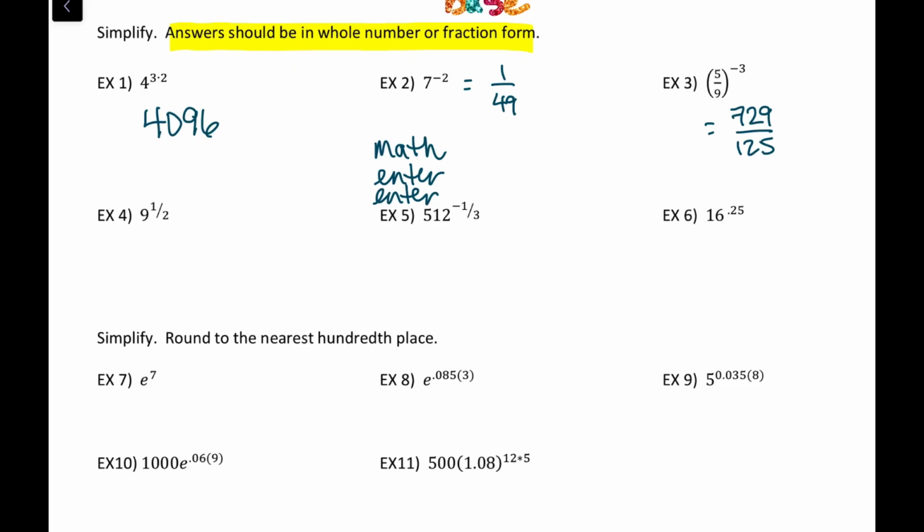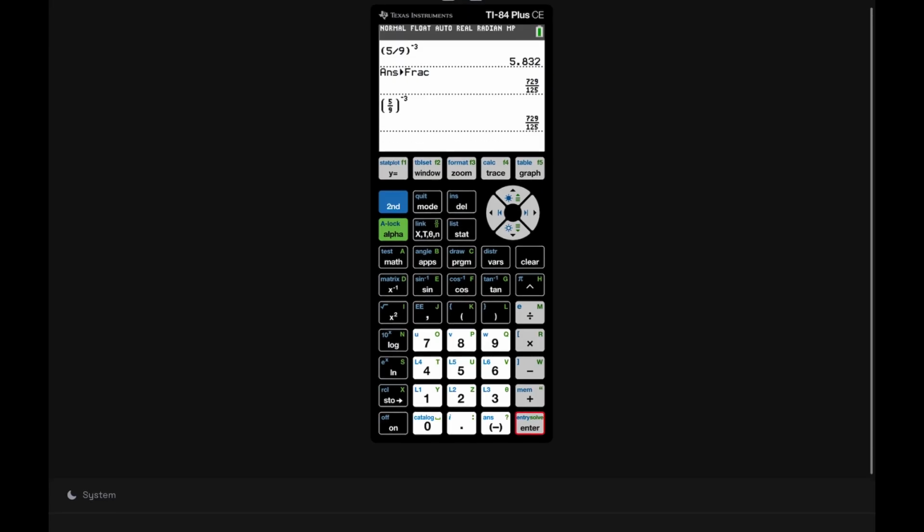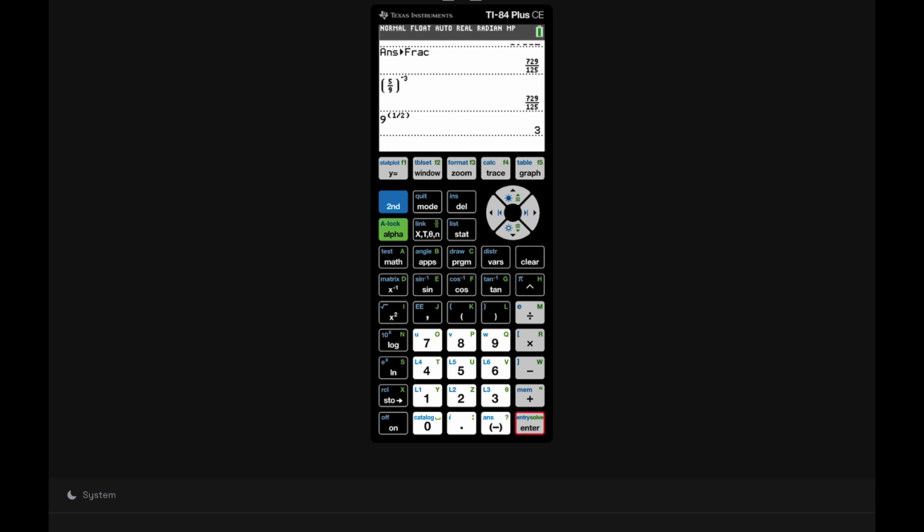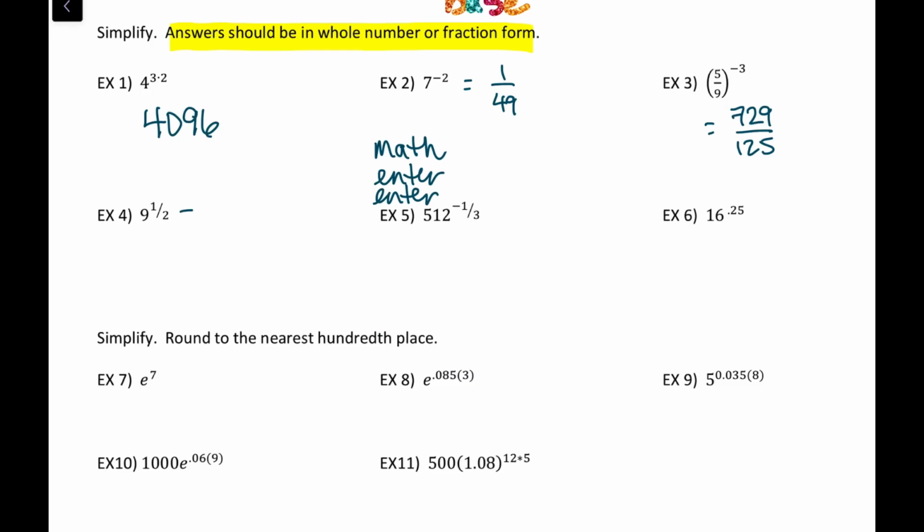All right, 9 to the 1/2 power. So we're going to do 9 raised to, and when we do the 1/2 power, so those of you with an 83 again, we're going to put all of that in the parentheses, 1 divided by 2, 1/2 power, and enter, and we get that that is just a whole number 3. All right, let's do another one.